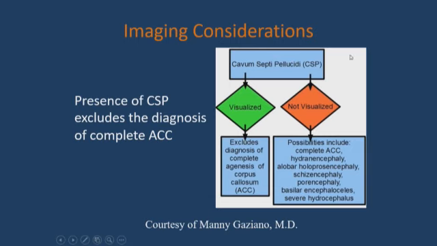So things to remember when you're looking at the cavum septum pellucidum and trying to figure out: do I have a presence or is it absent? Is it small? What else is going on? If you visualize it, then you exclude a diagnosis of ACC, because with ACC you're not going to see a normal cavum septum pellucidum. You're going to see a normal corpus callosum if you see a cavum septum pellucidum, at least a partial.